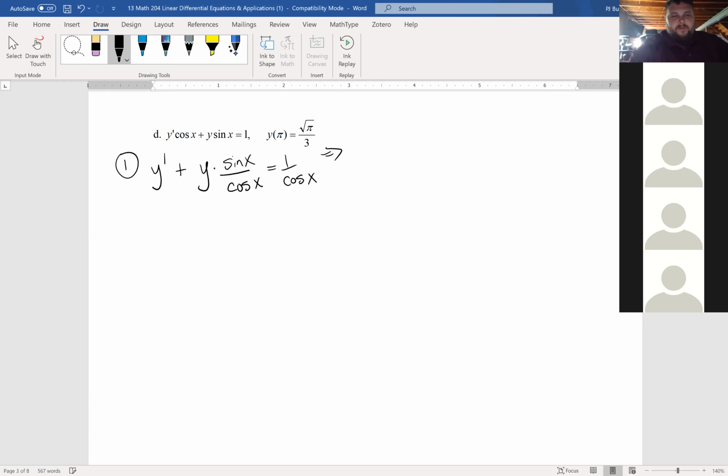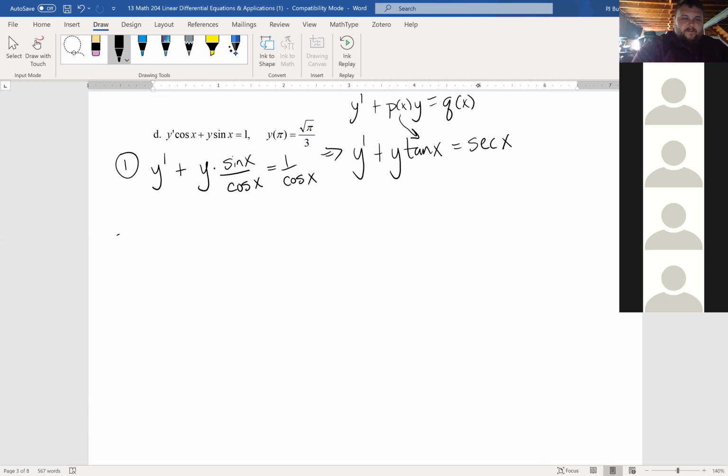But sine over cosine can be written as tangent. And 1 over cosine is secant. So I'm going to write it that way. So this is in the correct format, which is y prime plus p of x y must equal some q of x. That means that p of x must equal tangent in this case.